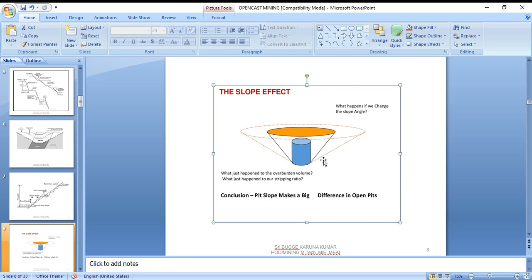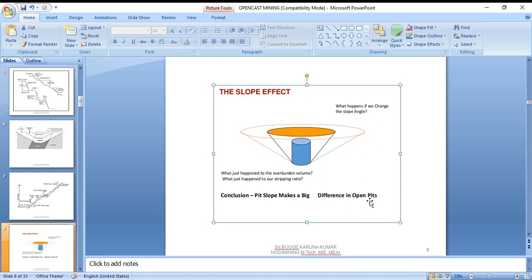It's not fixed at 75 degrees, it's not fixed at 90 degrees. The material angle of repose is also one of the factors, and according to that the design engineers design the slope angle. So pit slope makes a big difference in open pits.